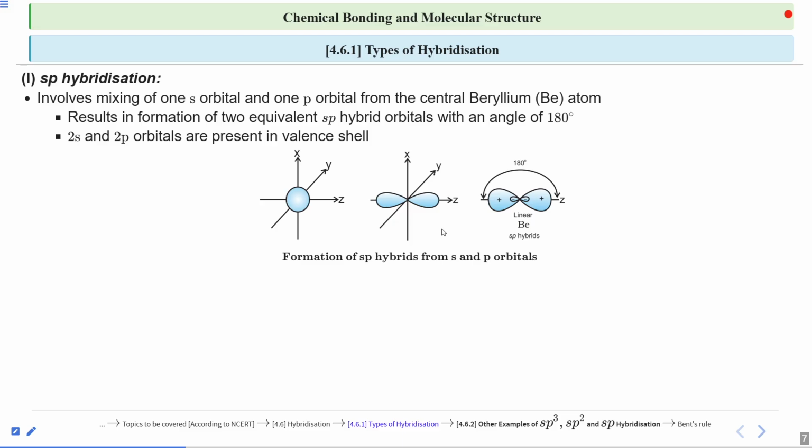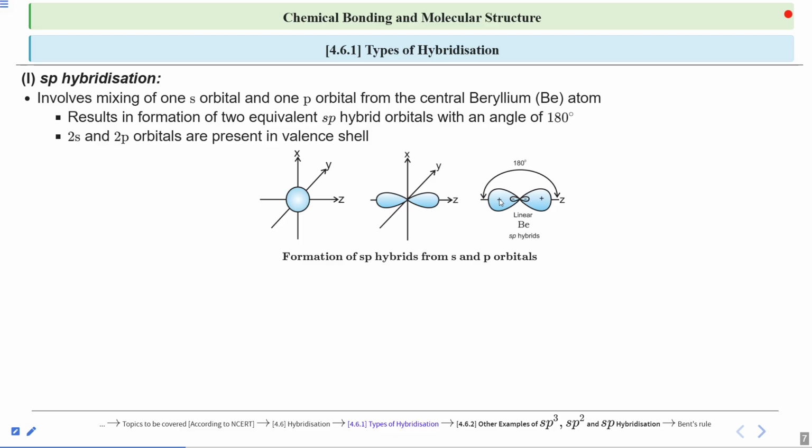Now you can see here that the 1s and 1p are combining with each other, and this is the hybrid orbital that is formed. If you ask where the two orbitals are: two atomic orbitals combine and simultaneously two hybrid orbitals are formed. You can easily interpret them here.